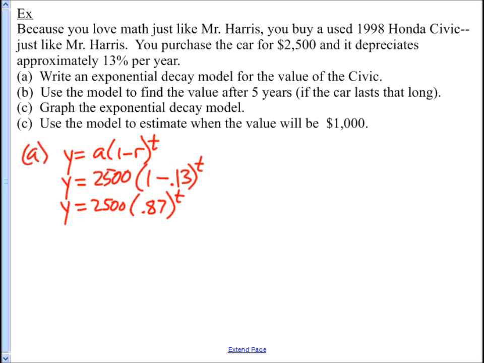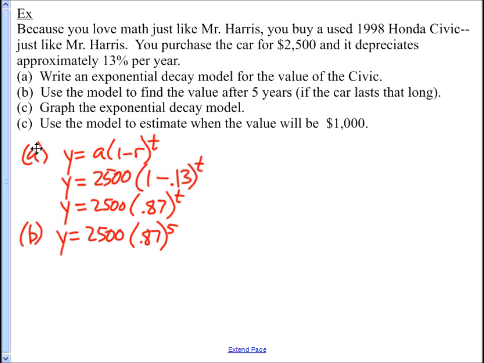We're going to use this model for part B to find the value after 5 years. We're going to go 2,500 times 0.87, and now T becomes 5, right? So follow the old order of operations and punch in 0.87 to the fifth. I'll grab my calculator here, and then we'll multiply that by 2,500.